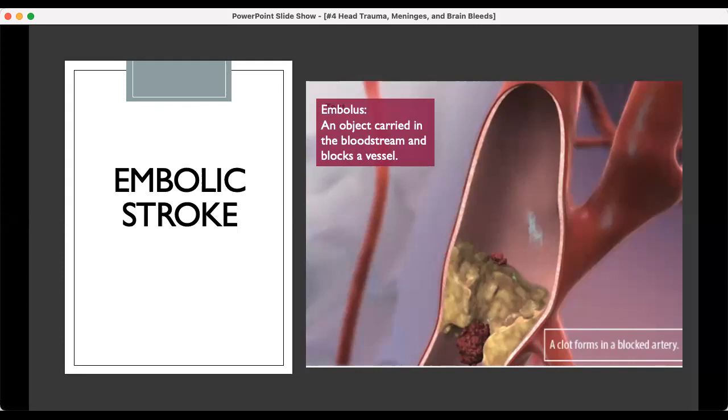For instance, an embolus could be if someone was injecting illegal drugs and it had some talc or other foreign material that got into the arterial system and went into the brain.